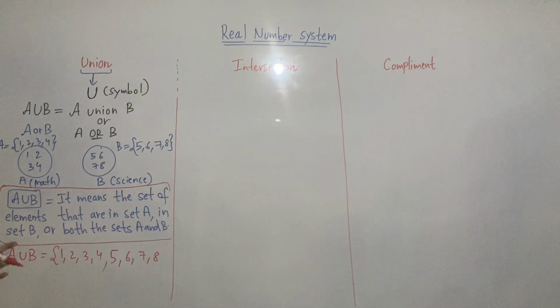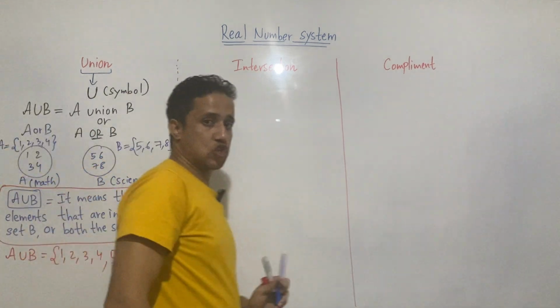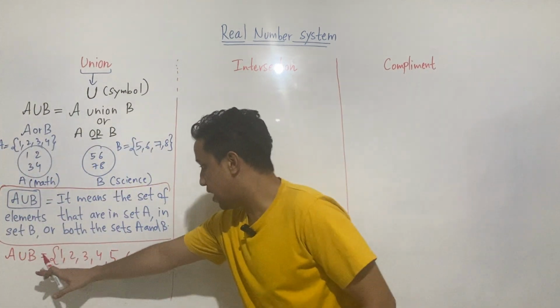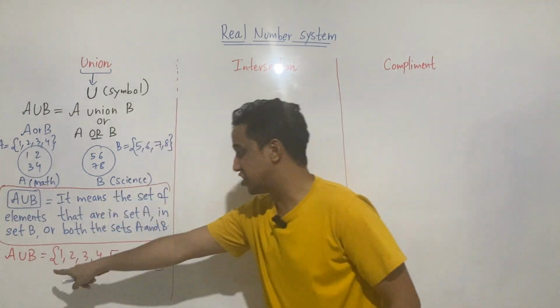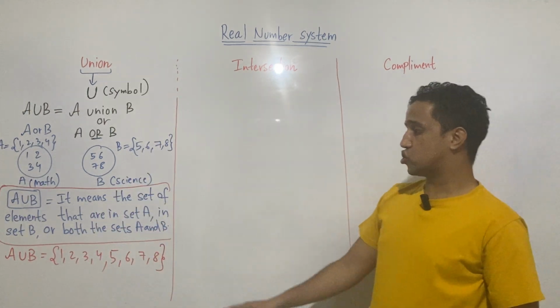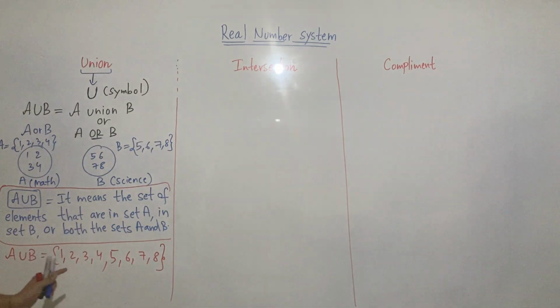We don't have any elements that are common to both the sets. So A union B represents these student numbers, the set of student numbers who like math or science.